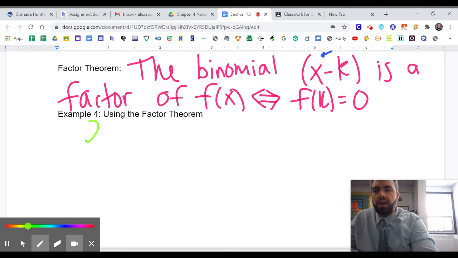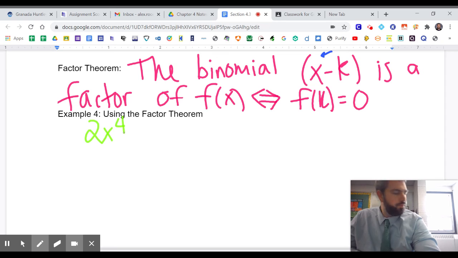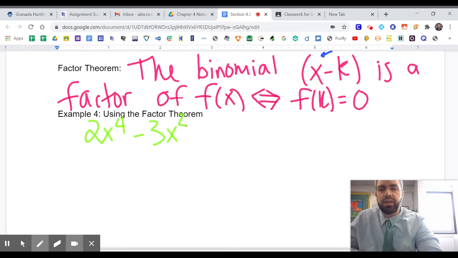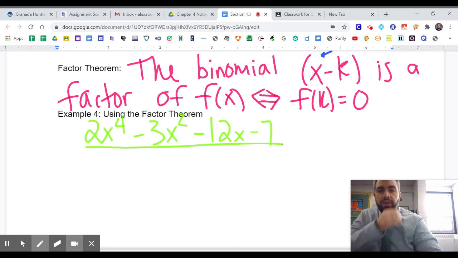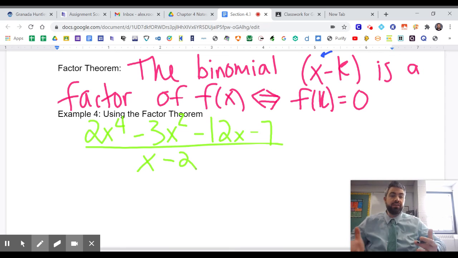Okay, I have 2x to the fourth minus 3x squared minus 12x, and then minus 7. And I want to divide that and see if x minus 2 is a factor. I want to see if x minus 2 is a factor of this polynomial, okay?